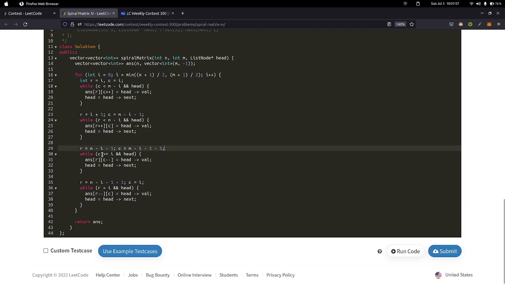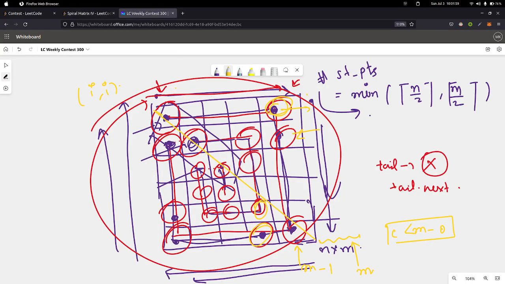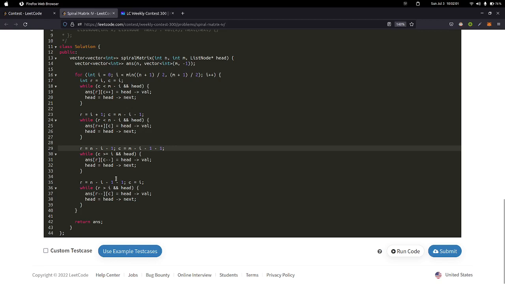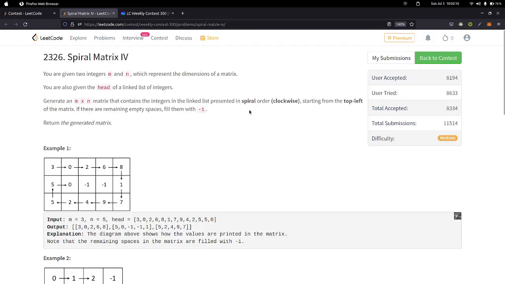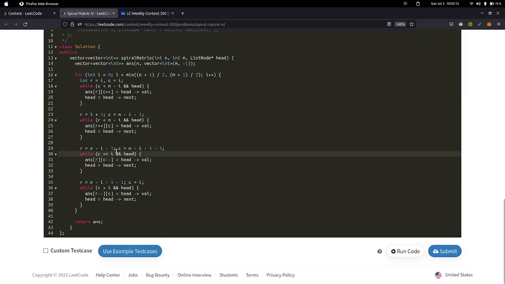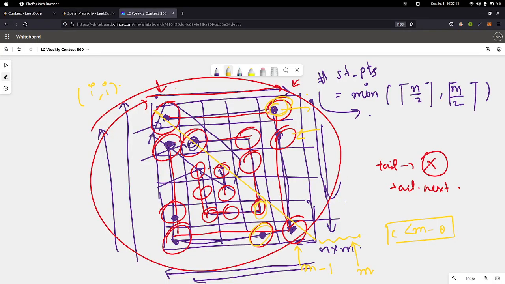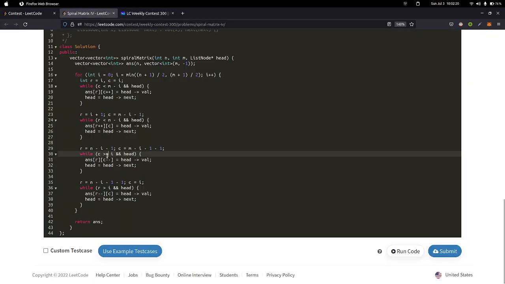Yeah, and then we'll be iterating till i, right? I think it should be greater than i, I think they have weak test cases, because you shouldn't cross the ith column, right?